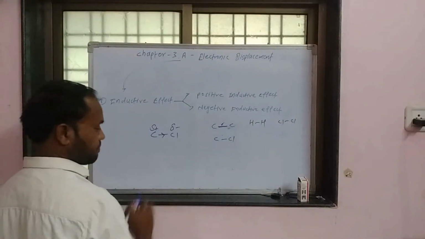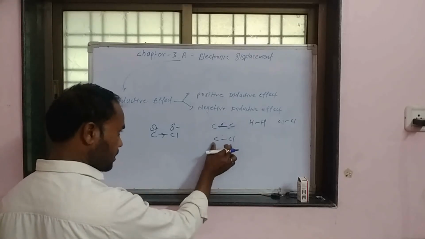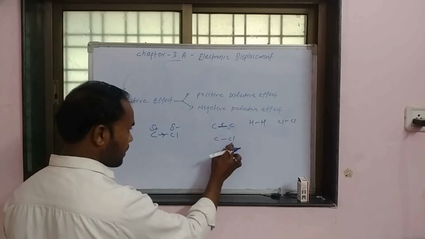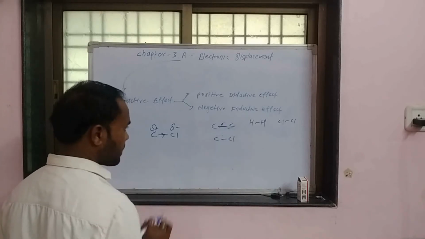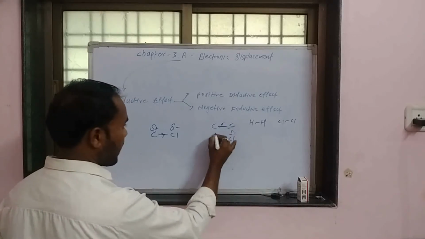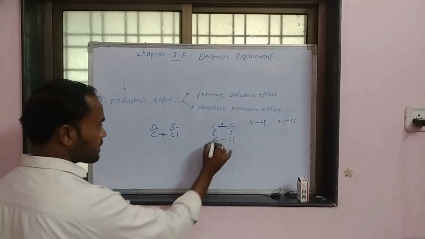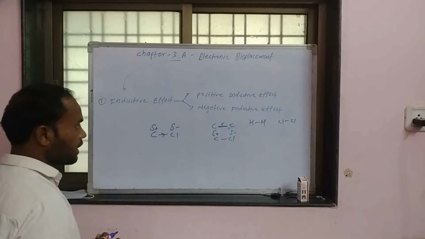Polarity is present because of the electronegativity difference between two different atoms, chlorine and carbon. Chlorine is the more electronegative atom. It acquires a partial negative charge, and the carbon atom acquires a partial positive charge. This is the inductive effect.